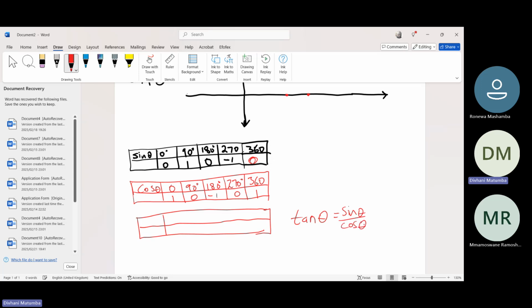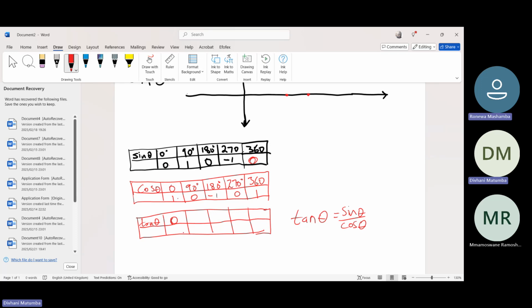Do we all agree from there? Yes, sir. Okay. So what will be the tan of 0? It will be 0 over 1. I don't know if you agree. Use your calculator. Let's see.